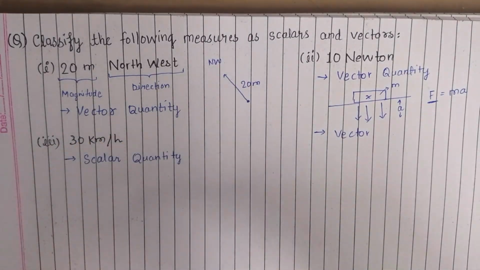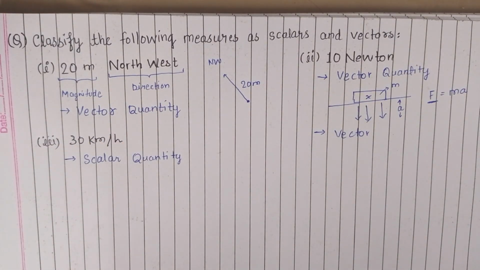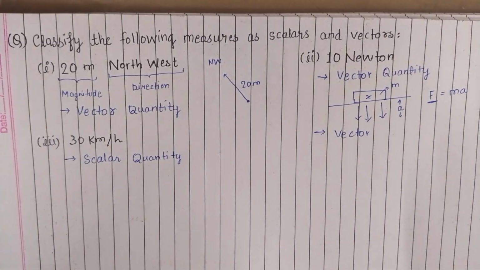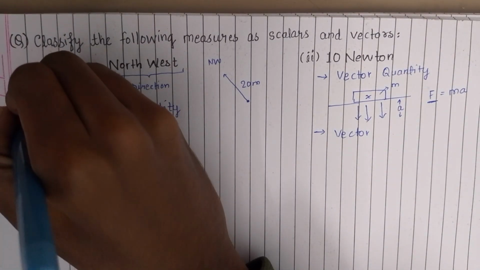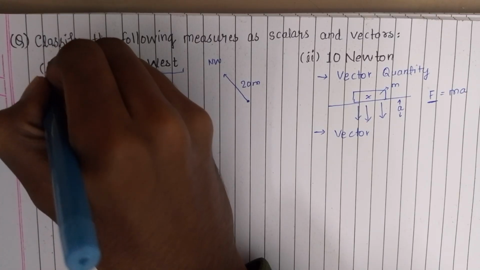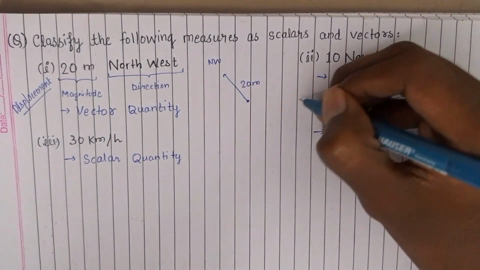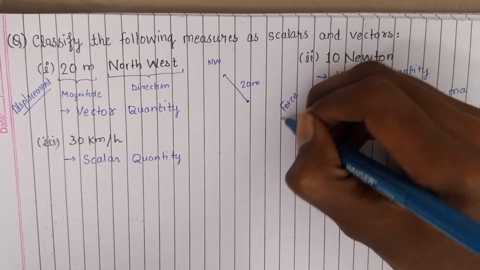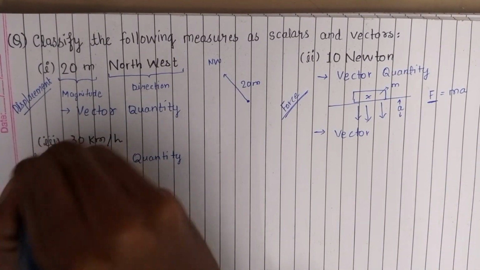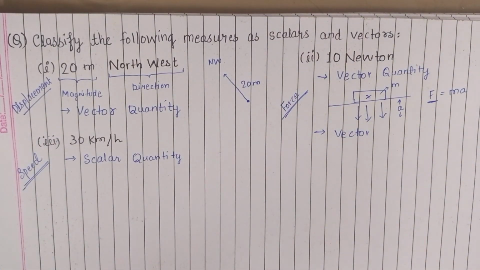But if it was written 30 kilometer per hour in the direction of northwest, then it would be a vector quantity, and it is what we call velocity. Yeah, this is displacement, this is force, and this is speed. Not actual speed, but speed.